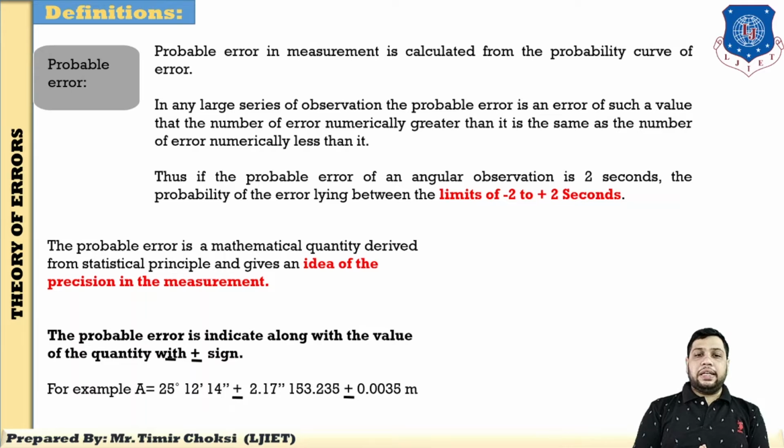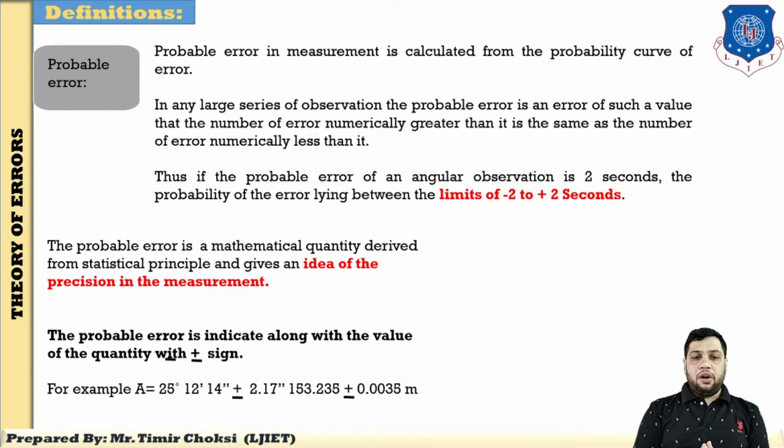In any large series of observations, the probable error is an error of such a value that the number of errors numerically greater than it is the same as the number of errors numerically less than it. I will give one example. The probable error in an angular observation is 2 seconds.